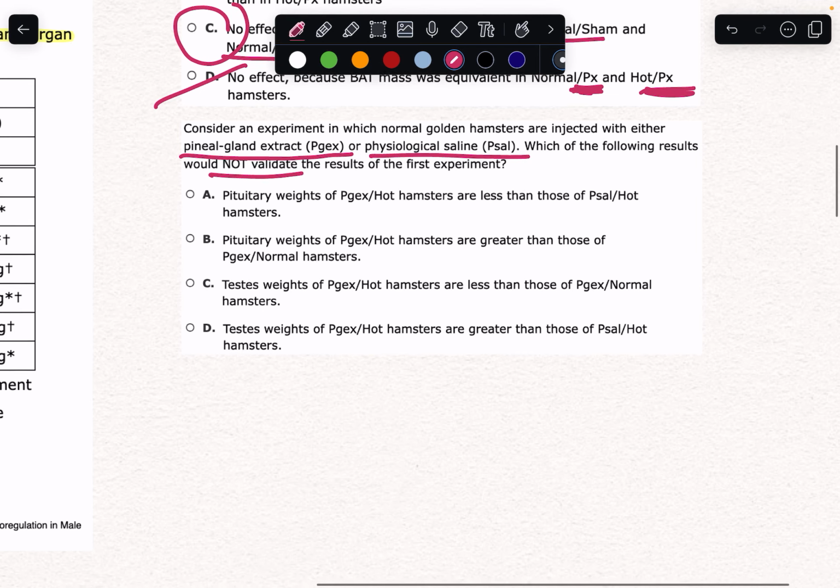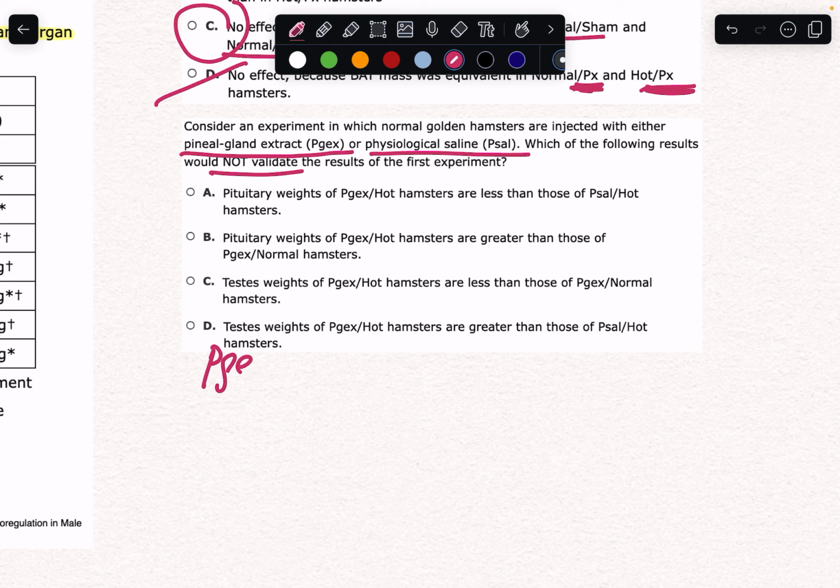First, there are two conditions: PGEX versus PSAL. PGEX means you give the hamster a lot of pineal extract. This doesn't mean you take out the pineal gland, like the PX condition. It's actually adding more pineal gland stuff to the rodents.